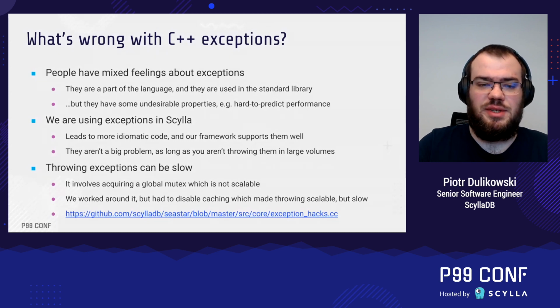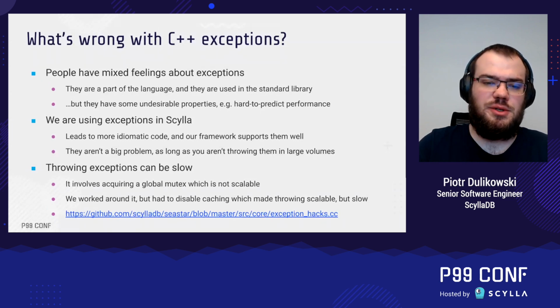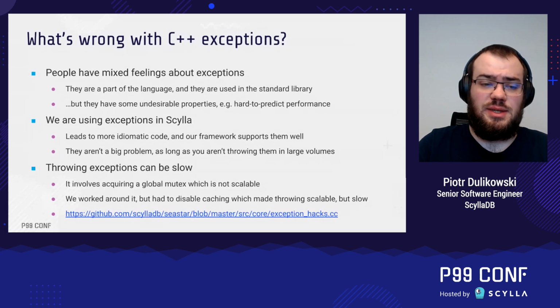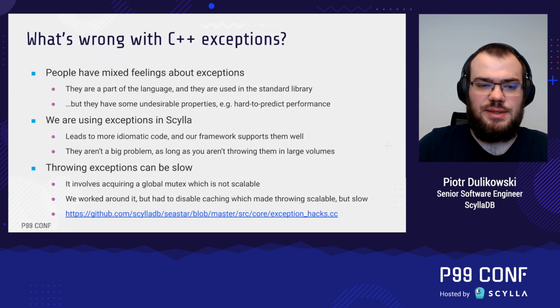In libstdc++, the standard library for GCC, throwing an exception involves acquiring a global mutex. That mutex protects the global list of objects, data structures containing information about the code loaded into the process, including unwind tables necessary for the runtime to perform exception throwing. This list is updated when dynamic libraries are loaded or unloaded from the process, therefore it needs protection from concurrent access.